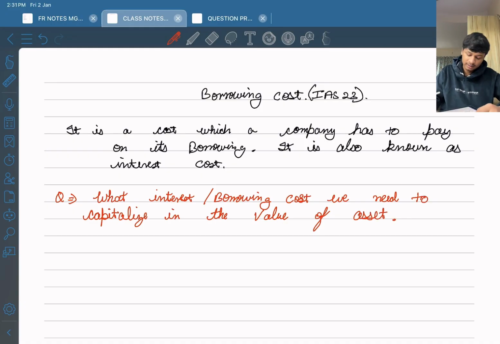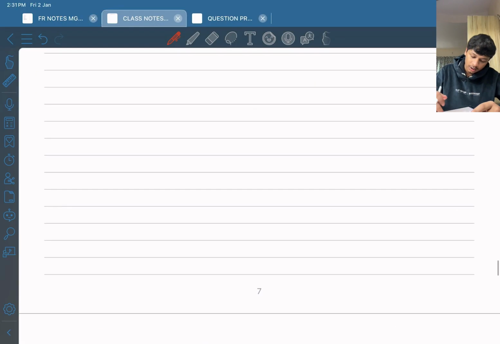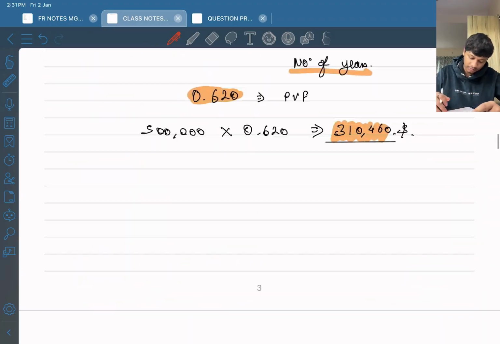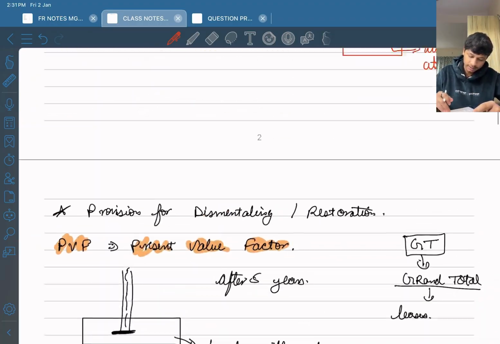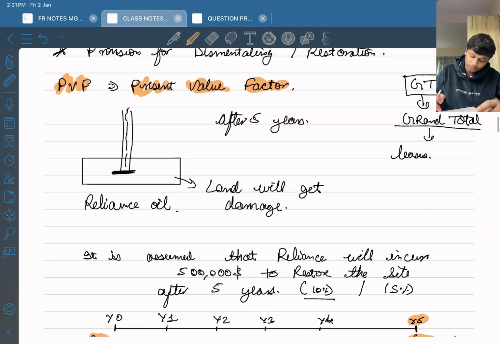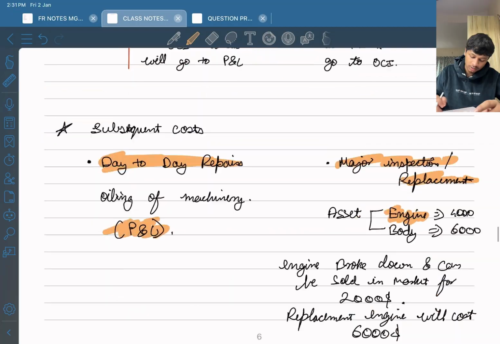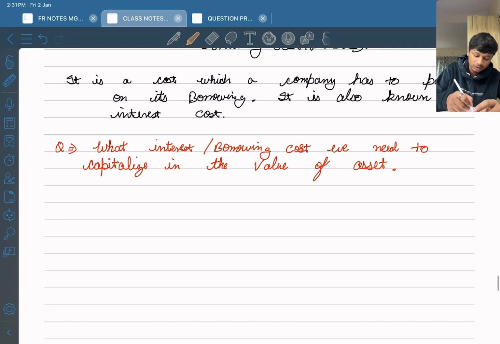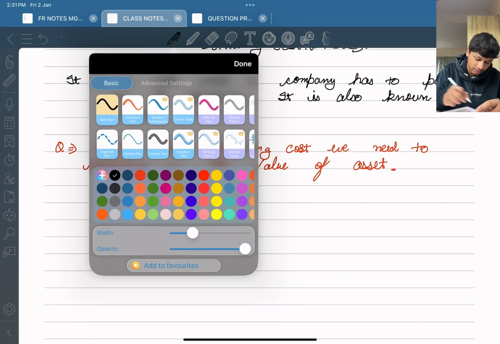Remember in the last class we did initial measurement. In initial measurement there was a point, borrowing cost. So we have to cover this point in this whole standard. We have to know what is the amount that we need to capitalize to the cost of asset. This is the question that this standard will answer.